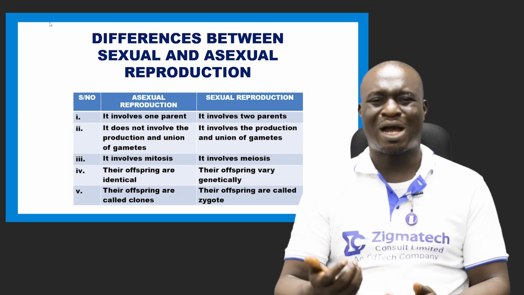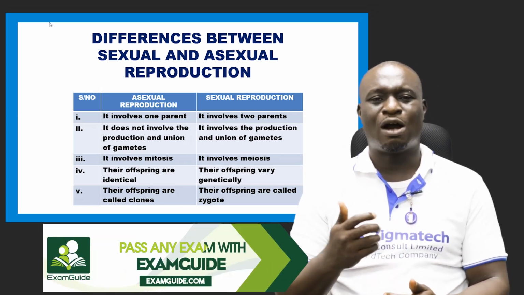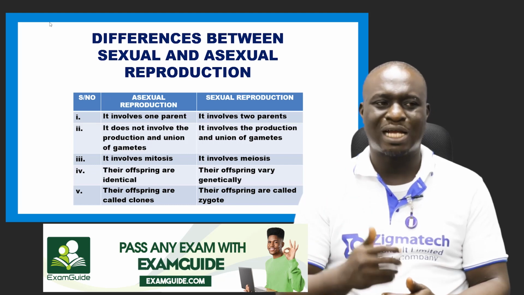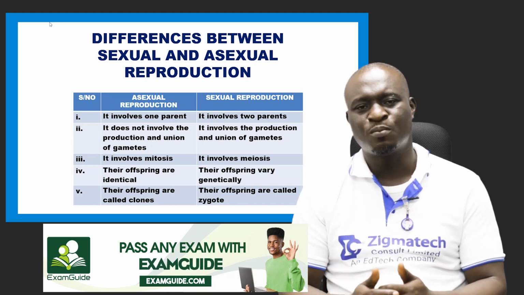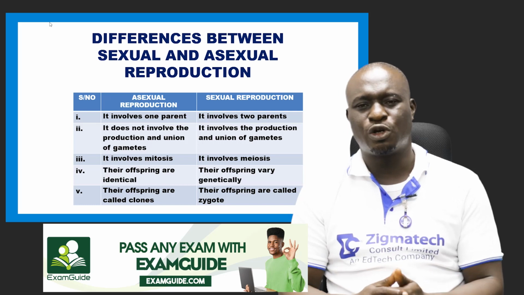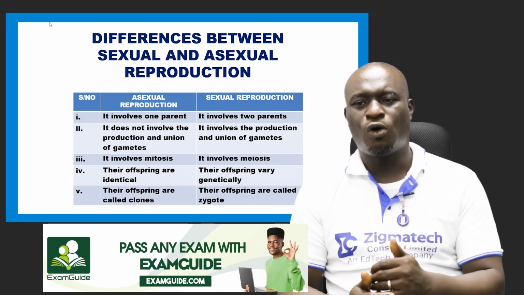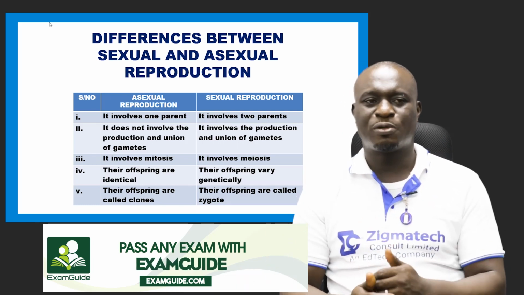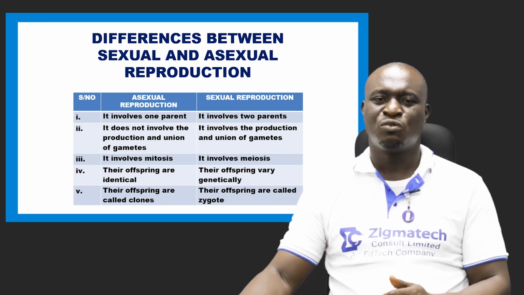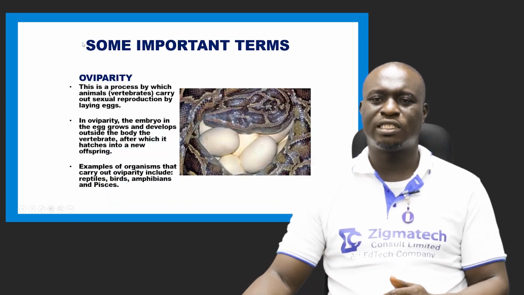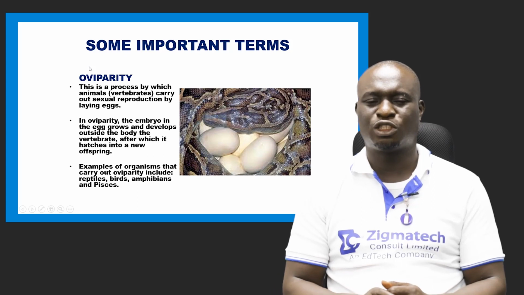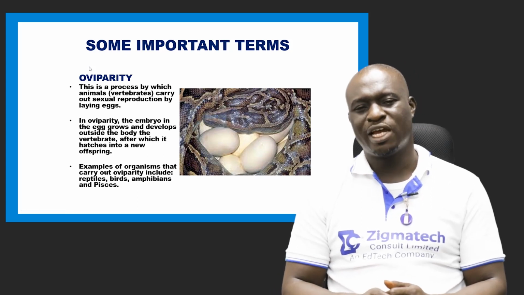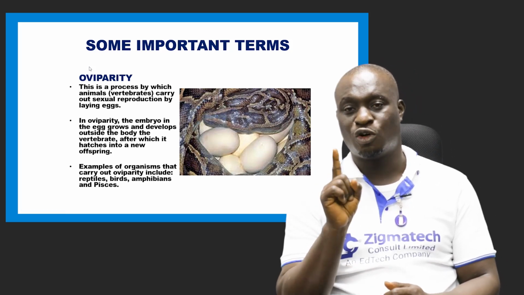You can also add this as number 5, that the offsprings are called clones in asexual reproduction, but in sexual reproduction, the offsprings are called zygotes. Now, quickly before we call it a timeout in this particular topic on reproduction in vertebrates, I want you to take note of this.